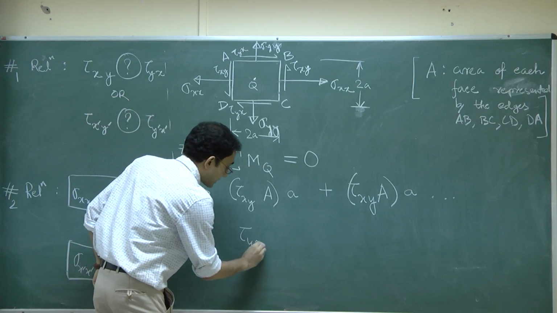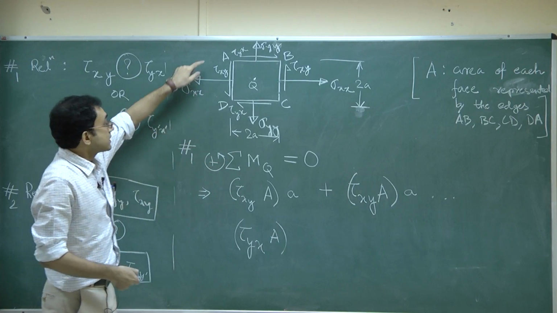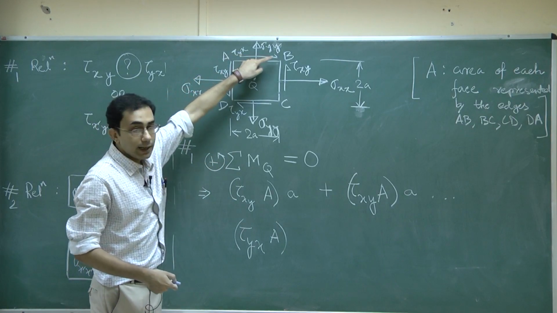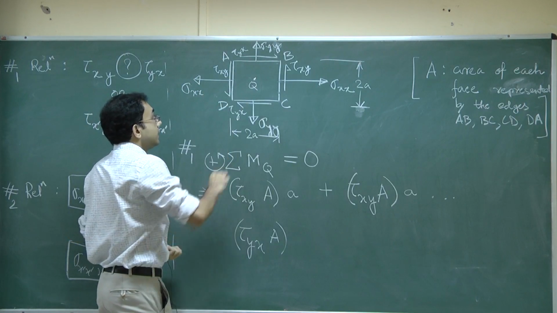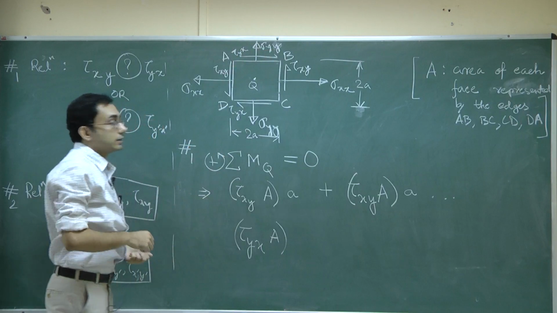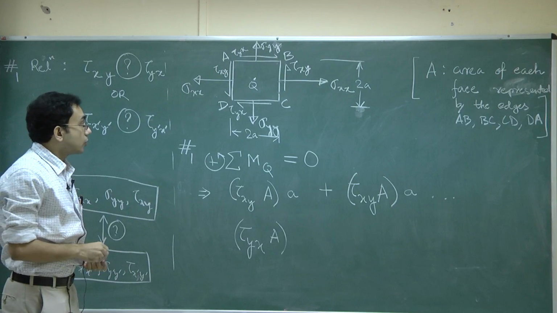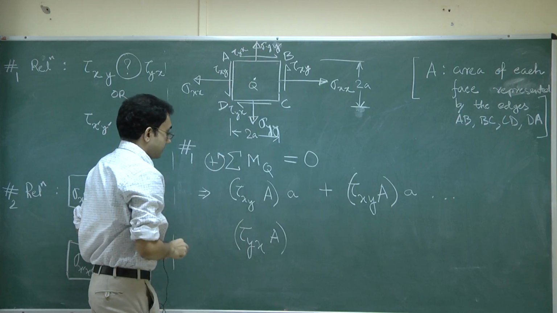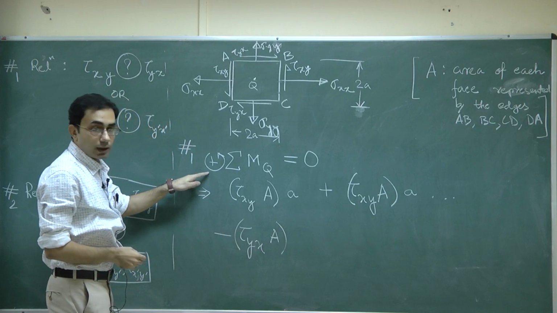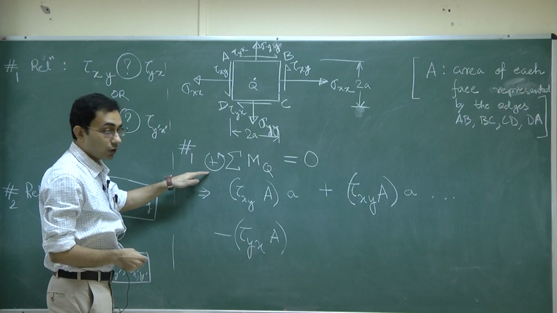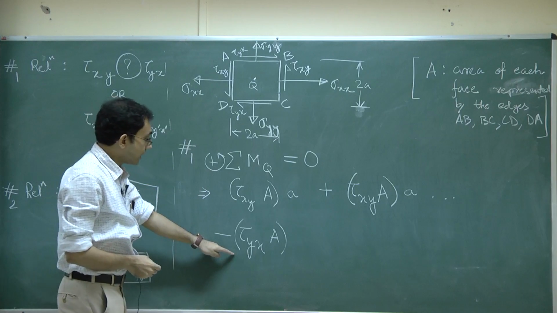So tau yx times A. This force is directed left to right, the moment arm is this much A, and again it is curling like this. So that curling sense is in the clockwise direction. So this is minus. Again I highlight this point that, for my convention, I have taken the counterclockwise as positive. This turns out to be clockwise.